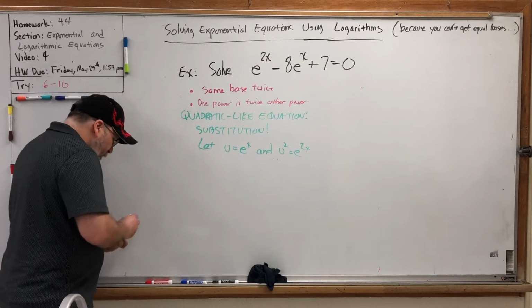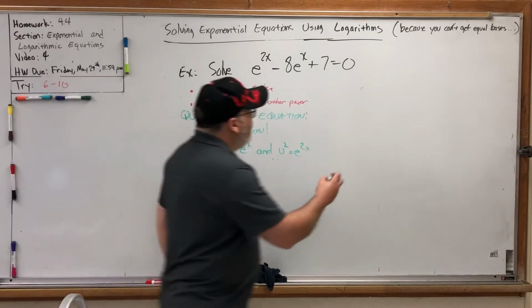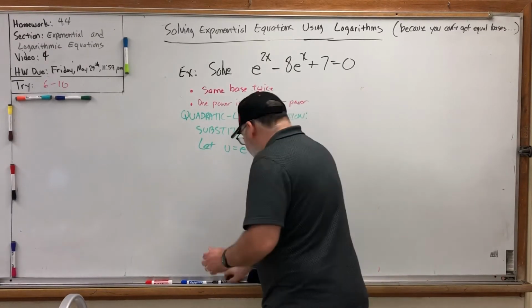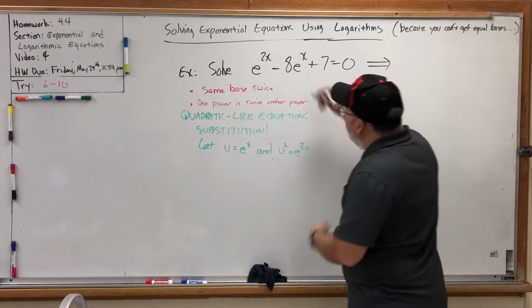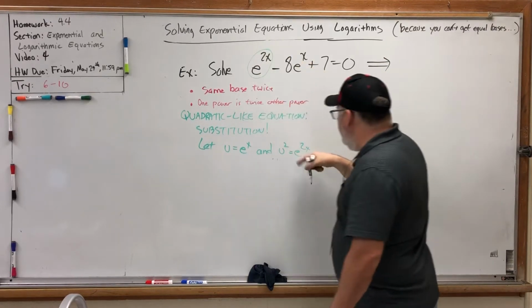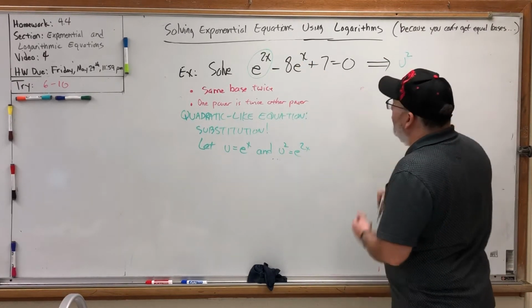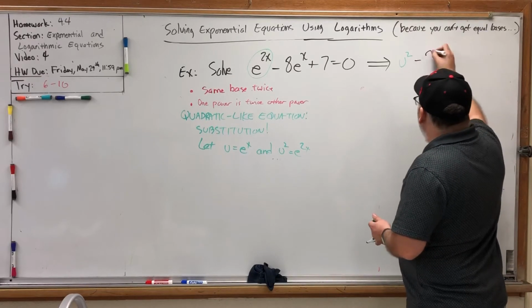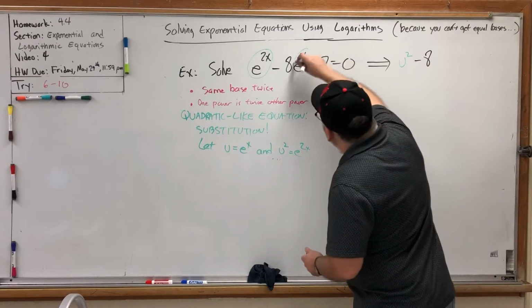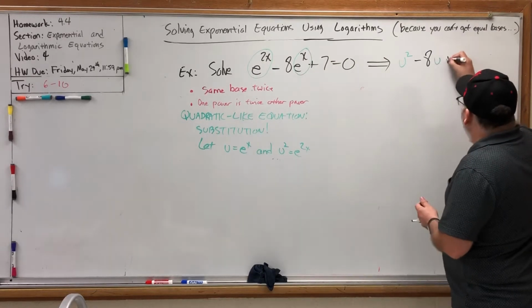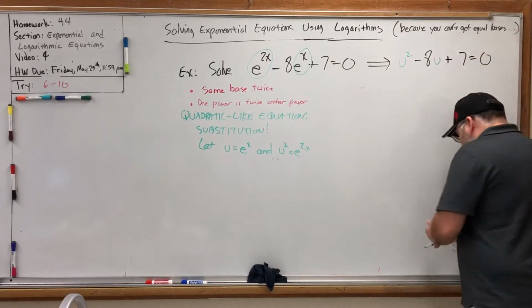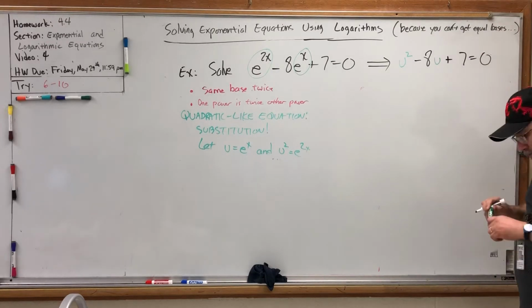So we transform this equation into a new one, replacing e to the 2x with u squared, minus 8 e to the x gets replaced with u, plus 7 equals 0. And now we just solve this quadratic equation.